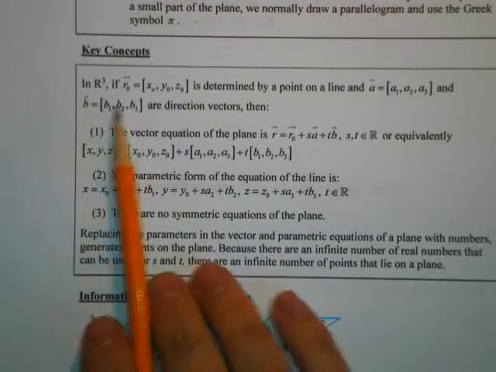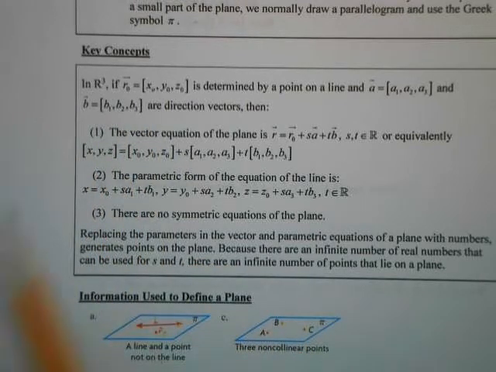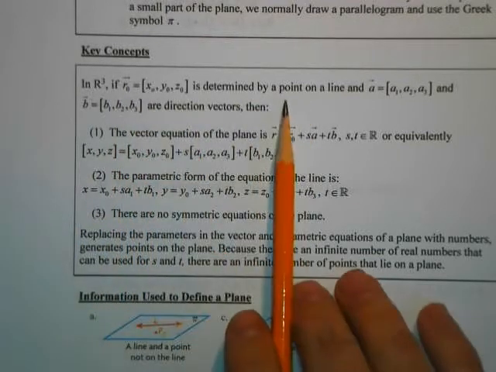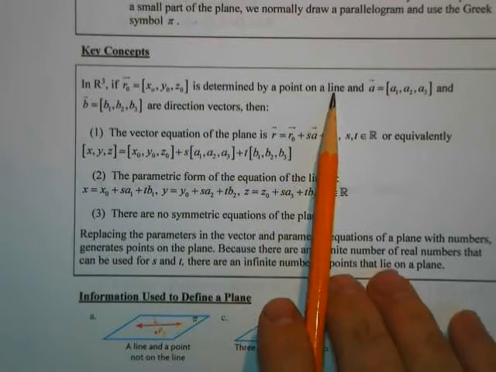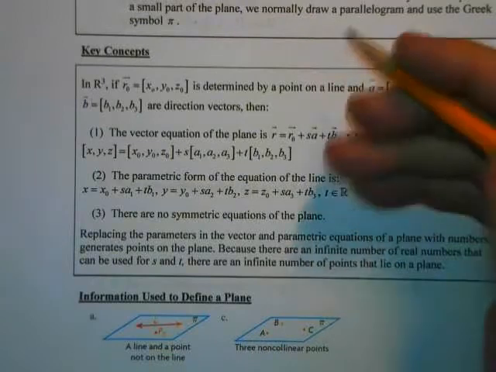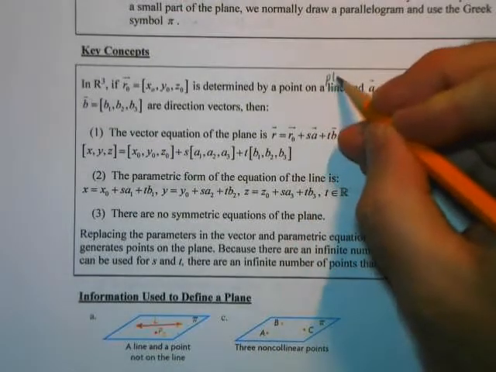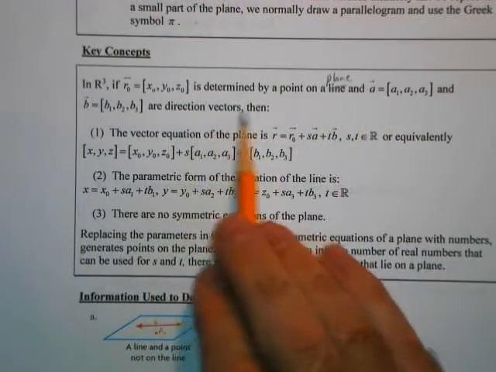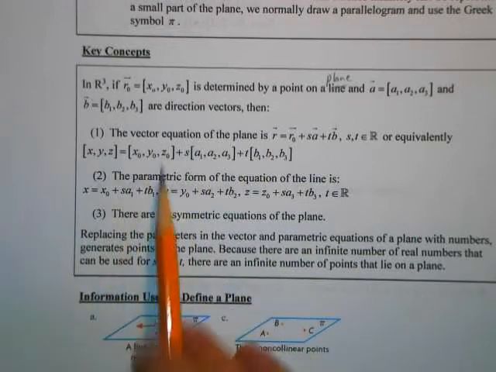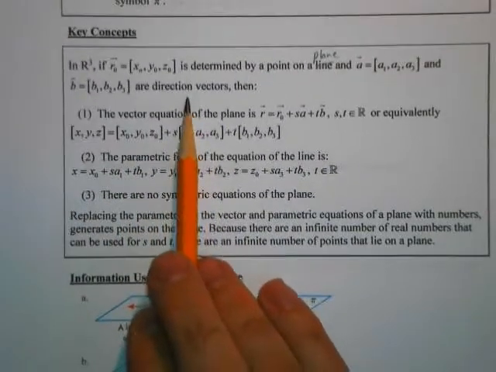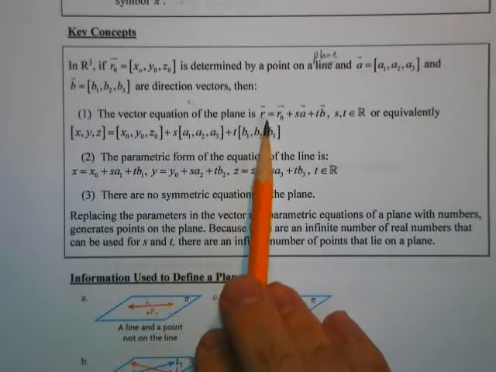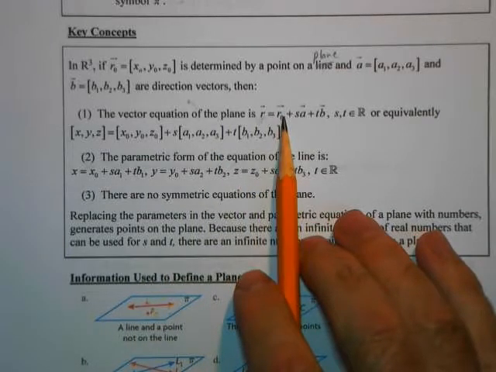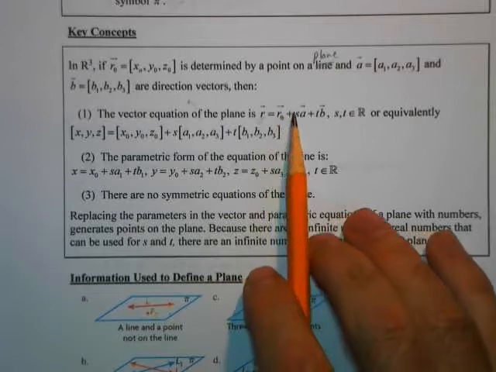Okay, so key concepts. Let's talk about these equations now. In R3, if you have this vector R0, which is determined by a point on a line, and I guess this should be plane actually, a point on a plane, and you have these two direction vectors, A and B, then the vector equation of the plane is vector R, similar to what we had with vector equations of lines, equals R naught, which is also the same as what we use for lines.